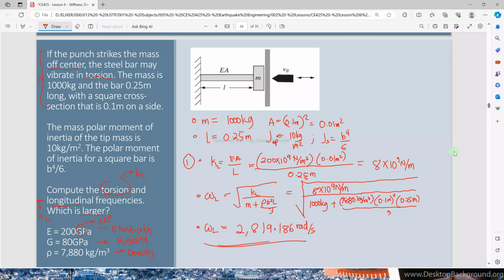This is our longitudinal natural frequency.